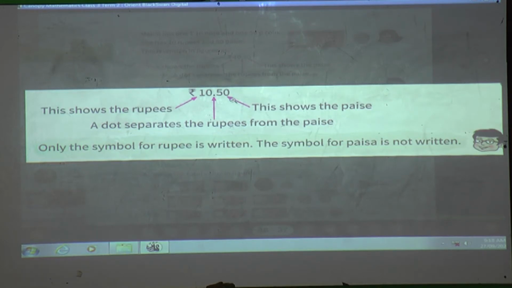This dot tells us that after the dot, whatever number is there, that means paise. So no need to write again the symbol for paisa.